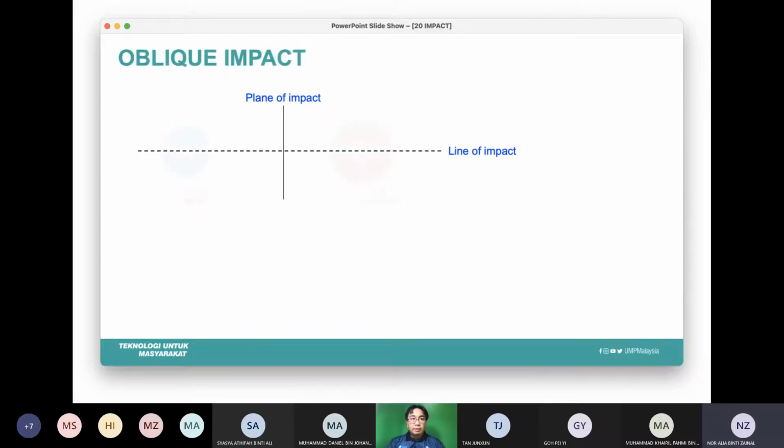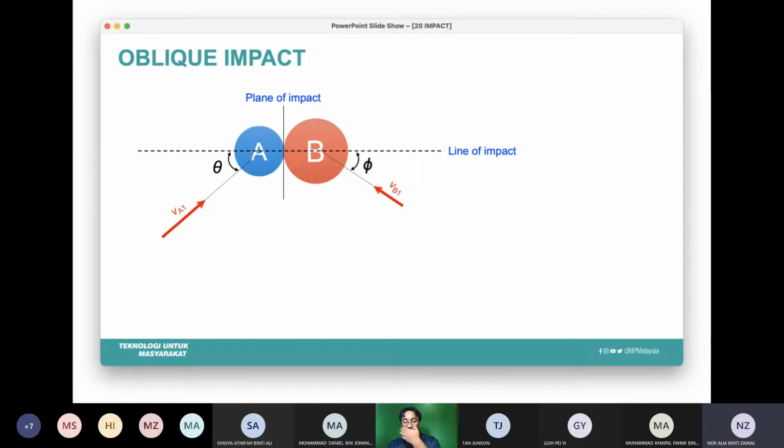Another type of impact is oblique impact. Oblique impact ni sama, kita boleh lukis plane of impact dan line of impact juga. But in this case, the direction of velocity is not on the line of impact. Itu beza dia.